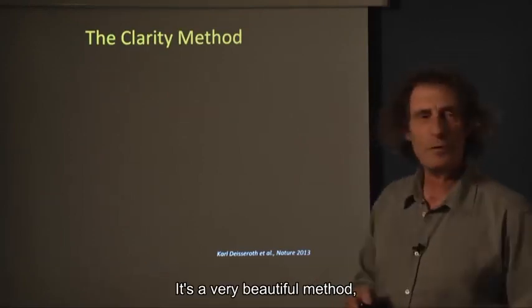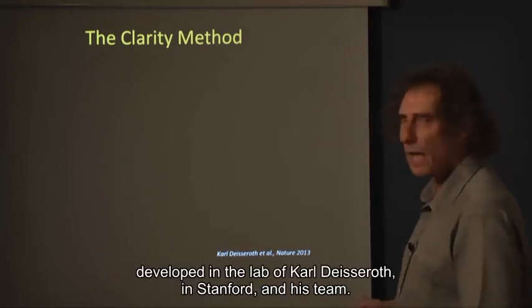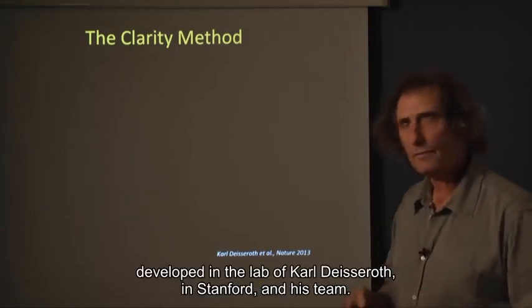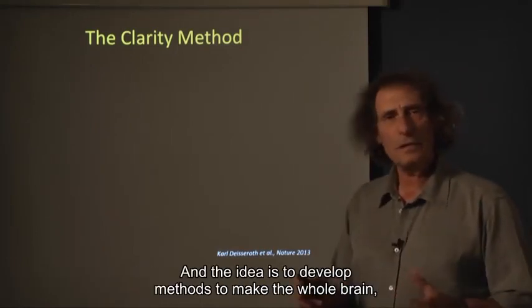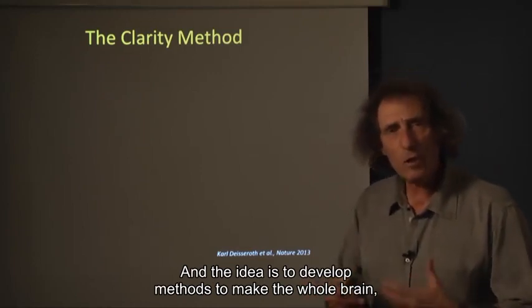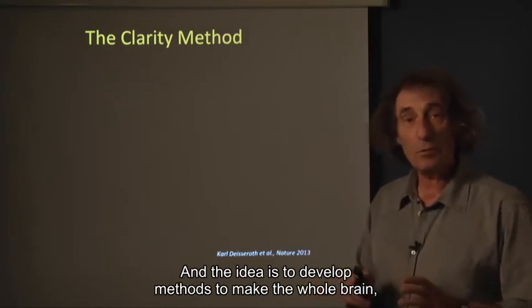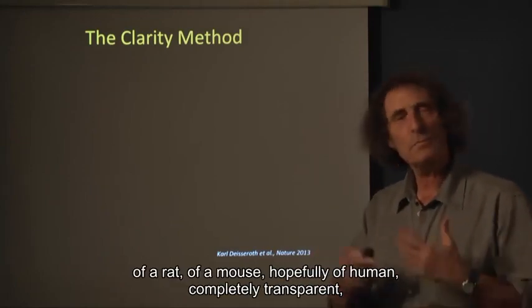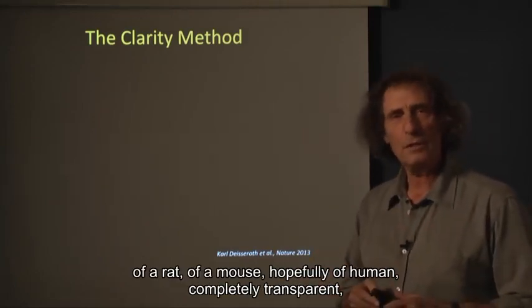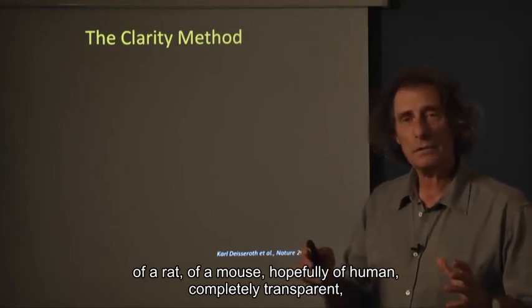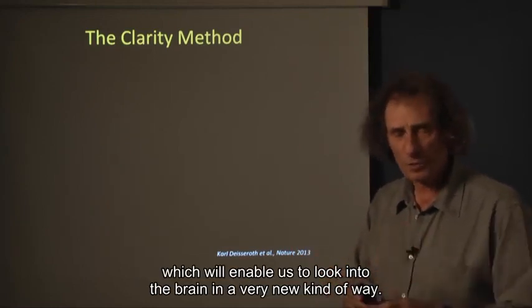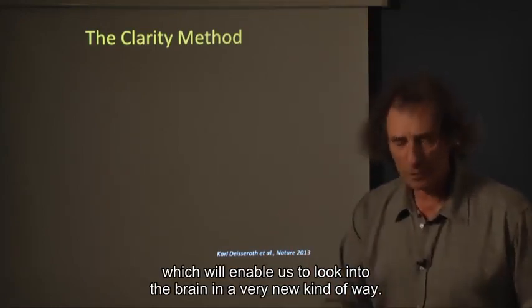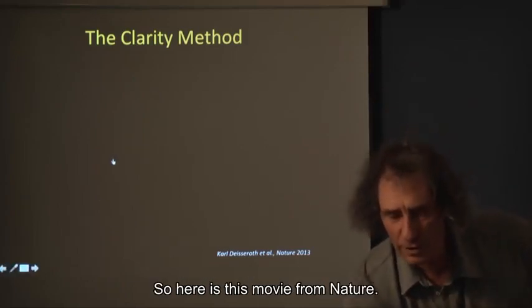It's a very beautiful method developed in the lab of Karl Deisseroth at Stanford and his team. The idea is to develop methods to make the whole brain of a rat, of a mouse, hopefully of a human, completely transparent, which will enable us to look into the brain in a very new way. So here is this movie from Nature.